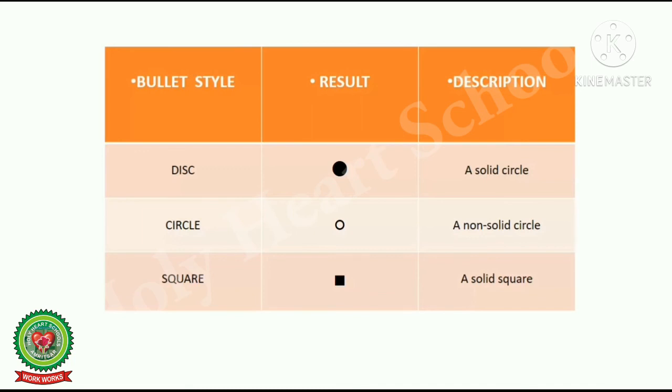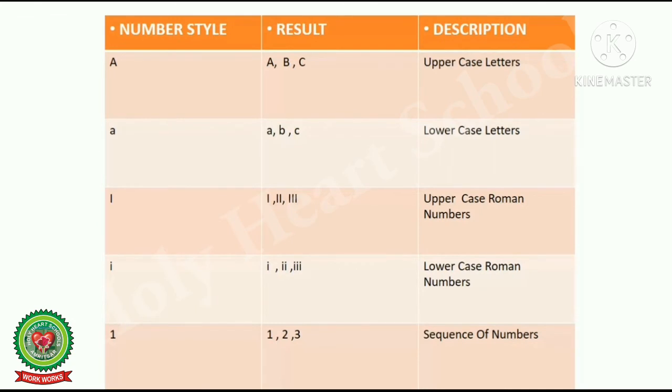These 3 items can be used for the unordered list, these are the 3 different types: disk, circle and square, that we can use under unordered list as a type. And these types are for ordered list: A, capital A, small a, Roman numbers, and then 1, 2, 3. Roman numbers, there are 2 types, uppercase and lowercase.